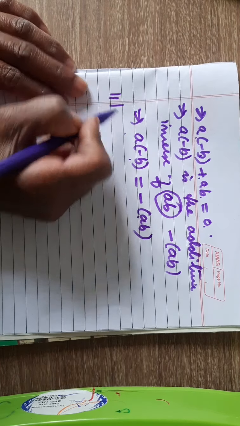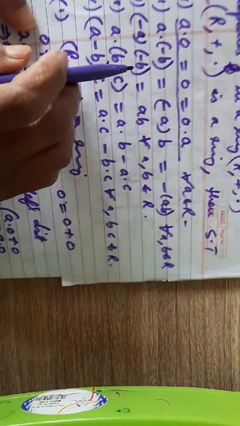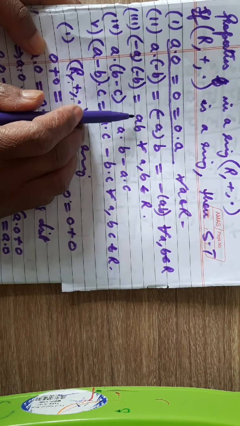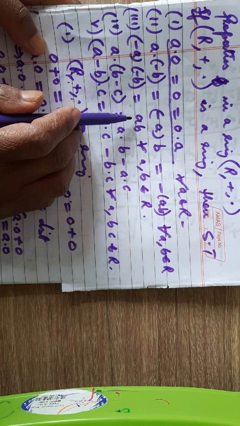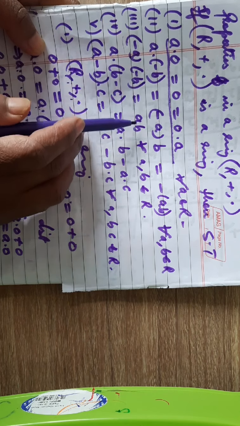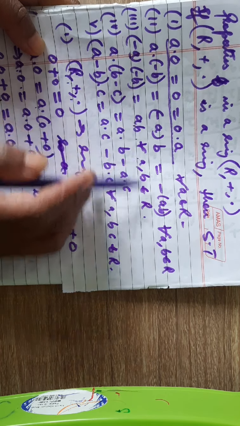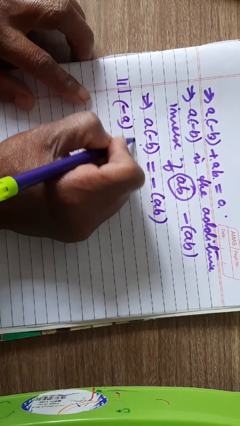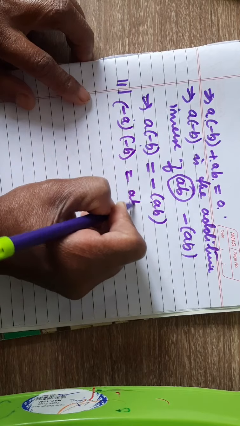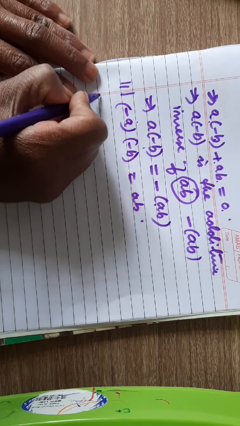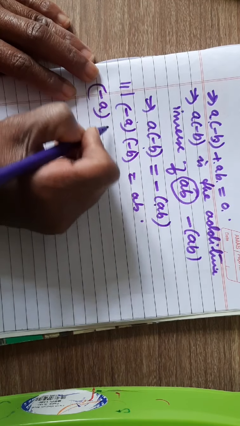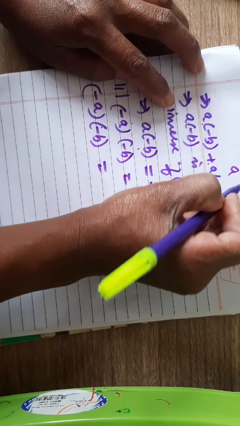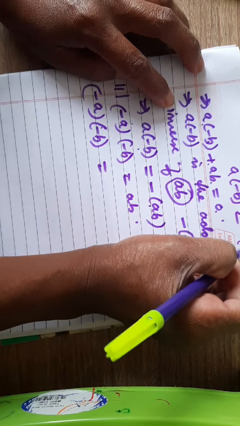And let us come now to the next property, that is (−a) · (−b) = ab for every a and b. We have to show that (−a) · (−b) is equal to ab. So how to prove this one? Start with (−a) · (−b). By the second property, we know that a · (−b) is equal to −(ab).